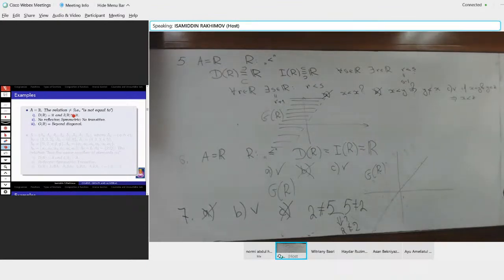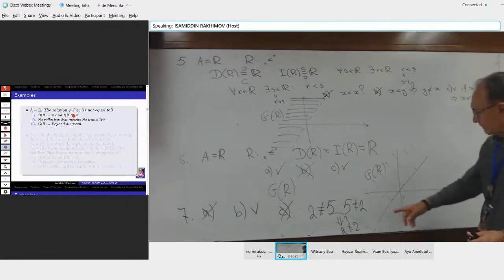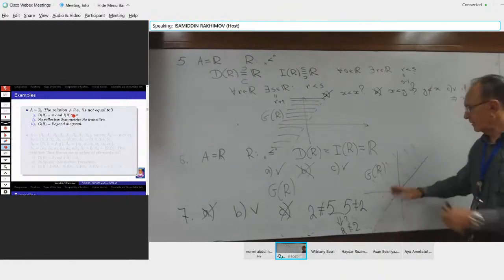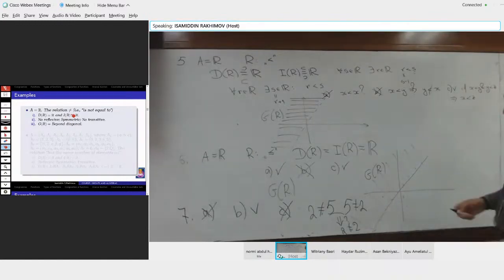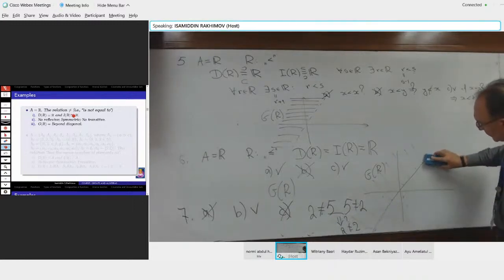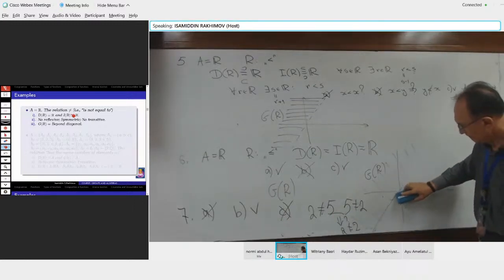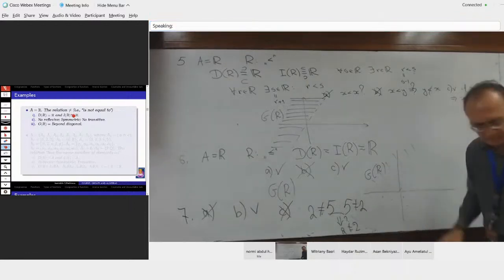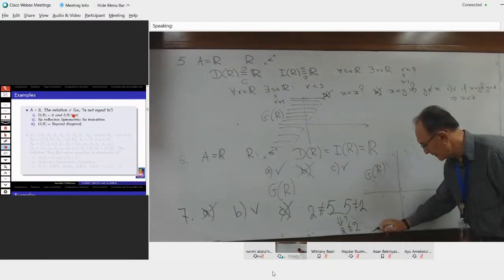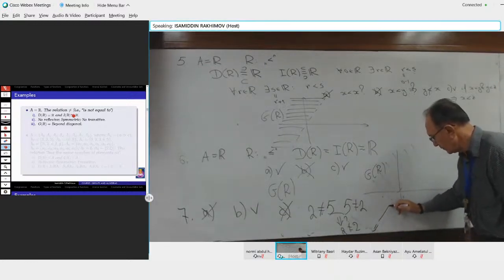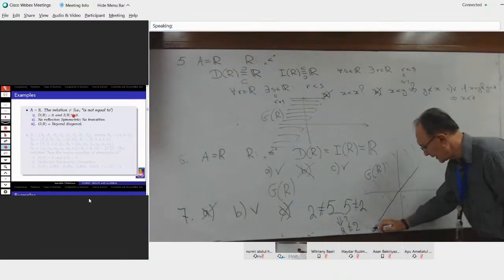So now, graph. Graph is very interesting. You should remove from the plane only this diagonal. Let me write like this.